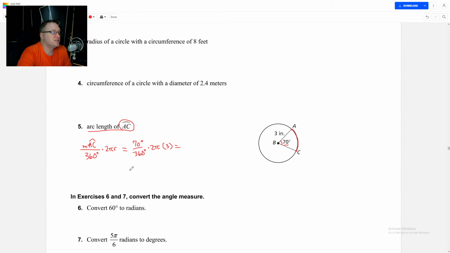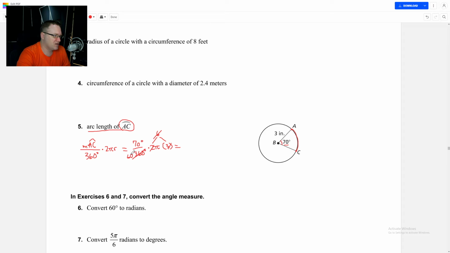So let's calculate this out. Well, 2 times 3 is 6, right? These two things multiplied together is 6, and we can actually cancel things out here. 360 divided by 6 is 60.